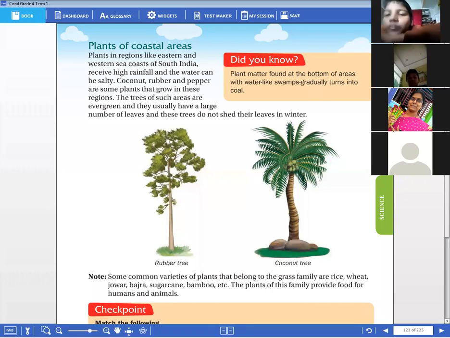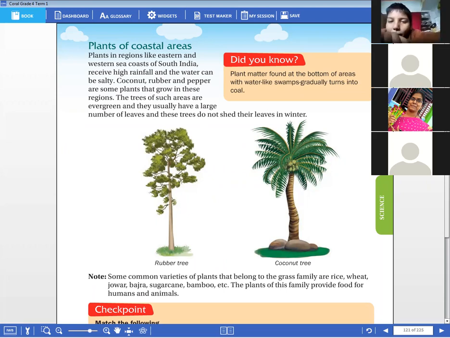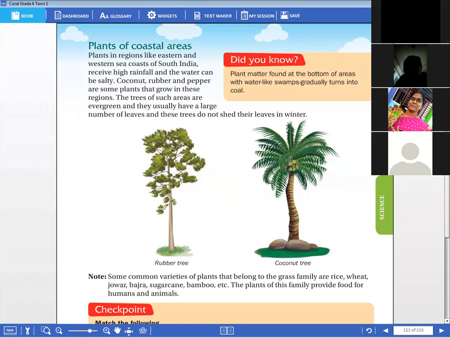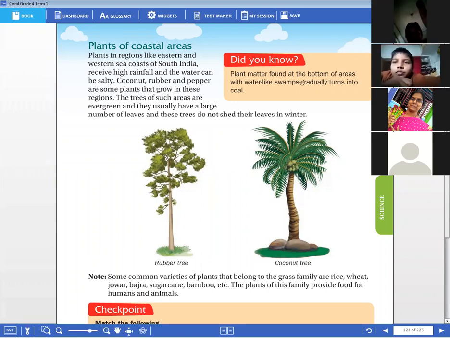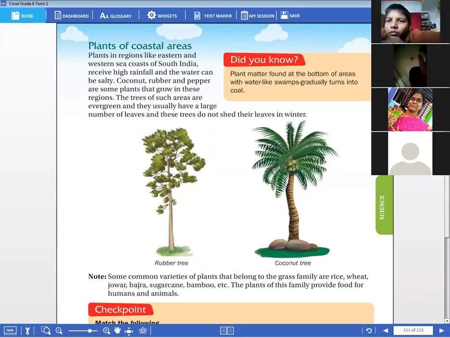From that extracted liquid, they will prepare rubber, children. So that's how rubber is made. Rubber may be of different forms, erasers, a rubber band, whatever it may be, the elastic form. So in that way the rubber is collected from a rubber tree. Still any more doubts, children?